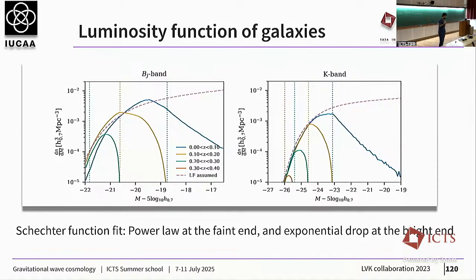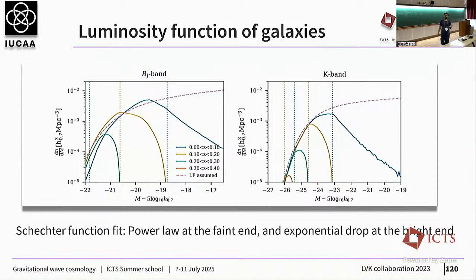But if you run large cosmological simulations with something like collisionless matter in them, then you can plot the number density of halos, dark matter halos, as a function of mass. They also have a very similar behavior: more massive halos are exponentially fewer in number compared to the low mass halos, which show a power law behavior with mass.